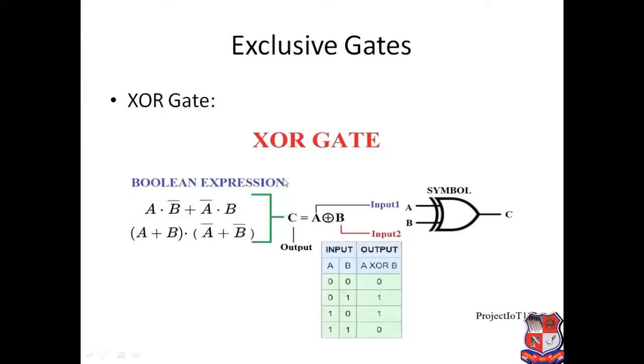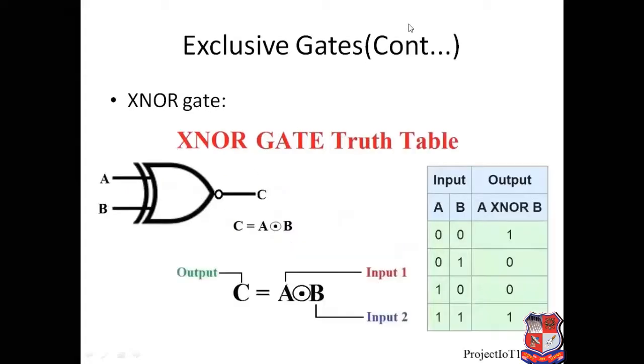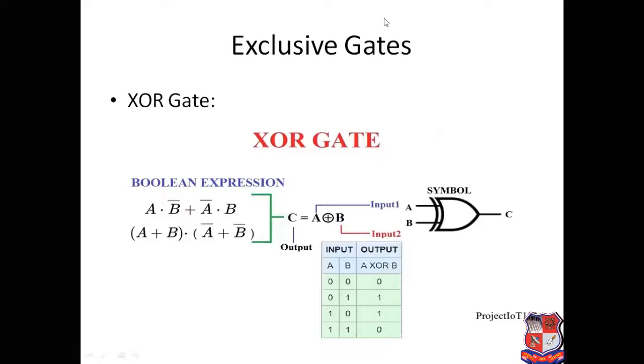So here you can see that if I expand this equation, then I will get A into B bar plus A bar into B. So now we will check what the value is. We will put values in this equation.